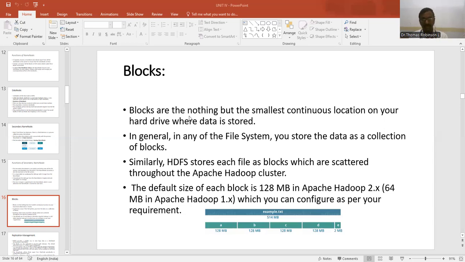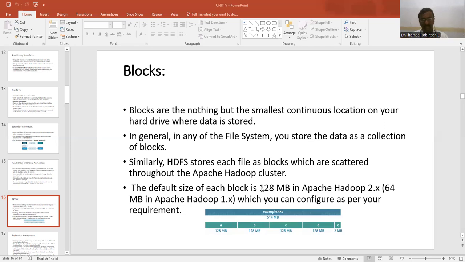The block is nothing but the smallest contiguous storage unit on the hard drive, where it is going to store the data. Here there is one concept in these blocks. We divide each set of data into 128 MB. That means each block consists of 128 MB. For example, if it is a 1 GB file, it is divided into blocks of 128 MB each. Each block consists of 128 MB. This is the main thing.